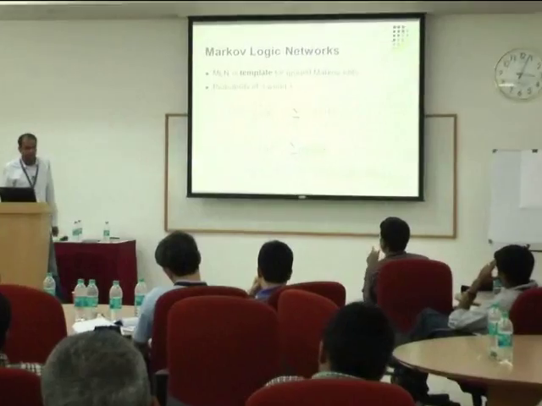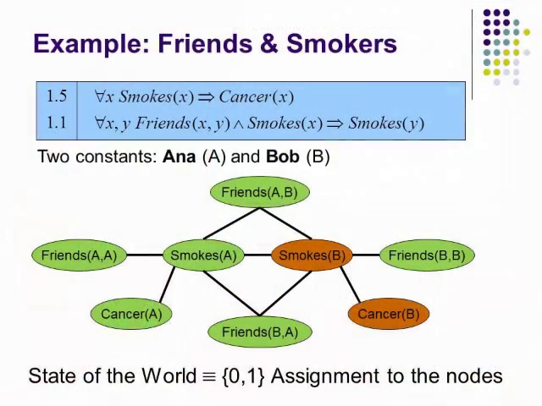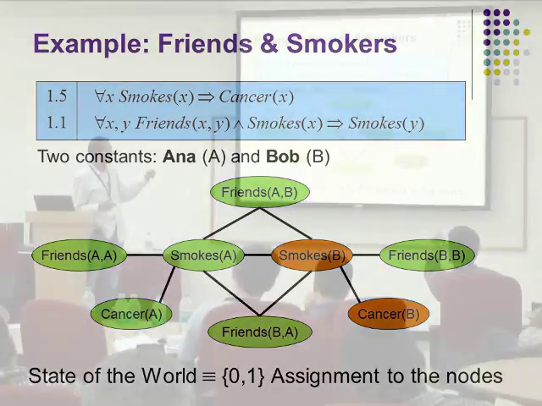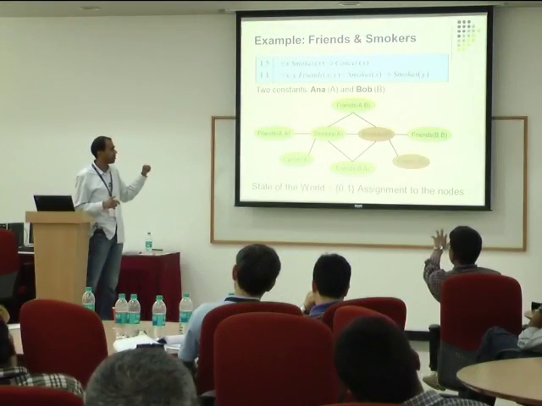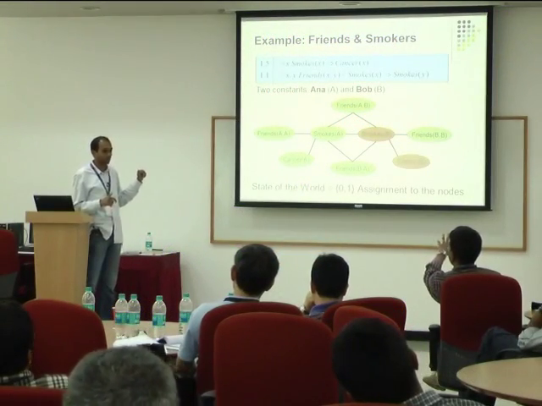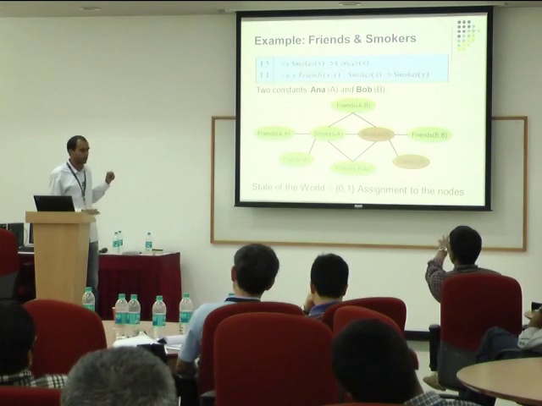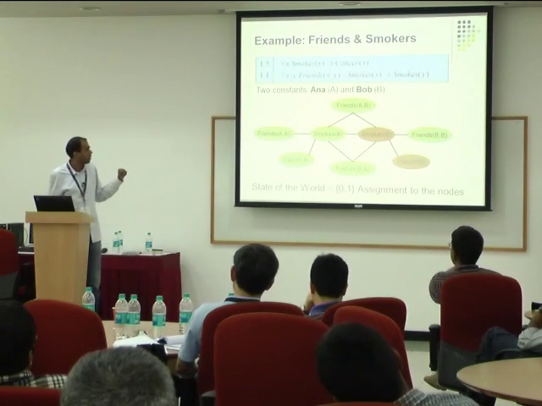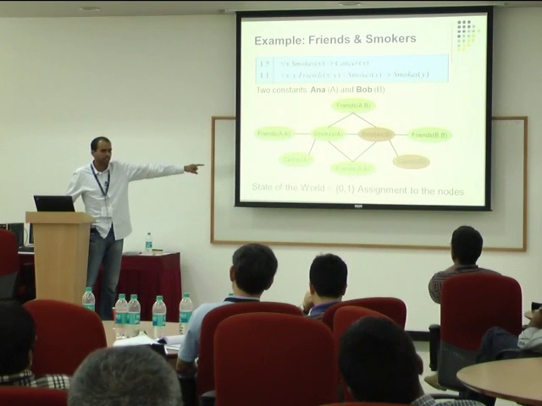K belongs to ground formulas, but this necessarily may not form a clique, right, in a Markov network? So if you go back to your Markov network, here smokes A, smokes B, friends B A, this forms a clique, right? Yes. So that would be one of the potential functions in your Markov network. But this is not what the other formula is saying, right? Smokes A, smokes B, friends B A, that one.